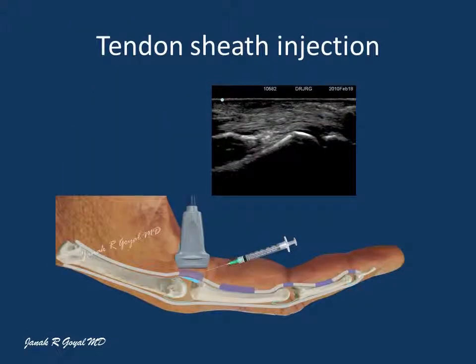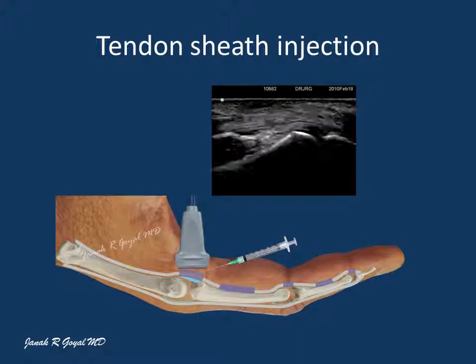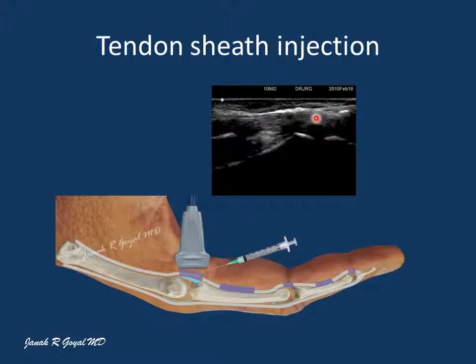The tendon sheath of the flexor tendon is injected either along its long axis or along its short axis. I usually prefer an in-plane approach along the long axis of the tendon with the needle directed from distal to proximal. The needle is inserted in the tendon sheath just deep to the A1 pulley, and a small test injection is helpful to confirm the position of the needle before injecting the entire volume.